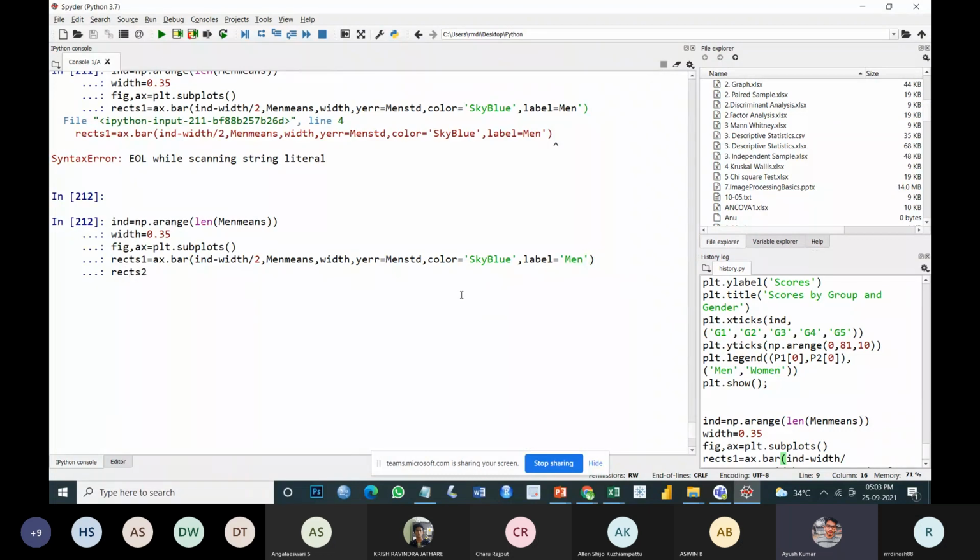Then rects2 equal to ax dot bar of ind plus width by 2, women means, comma width, comma yerr equal to women standard deviation. Then color equal to Indian red. Label equal to women.